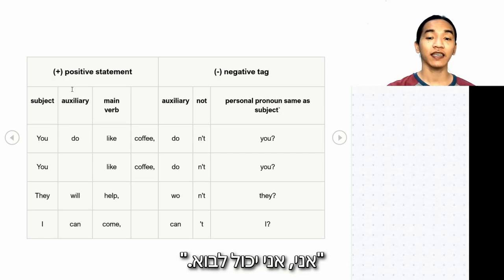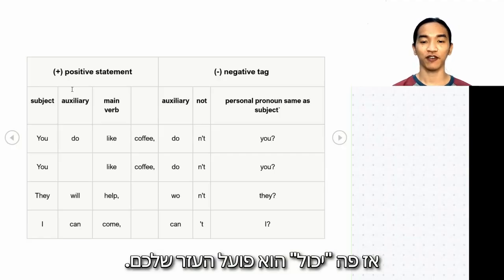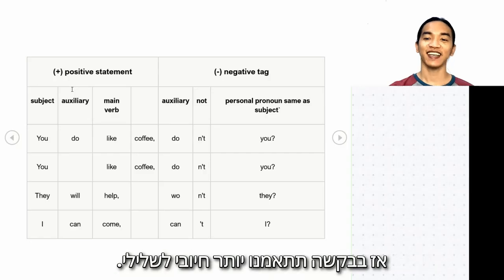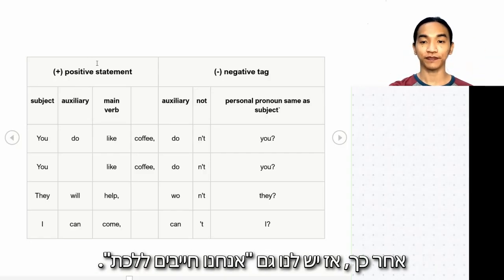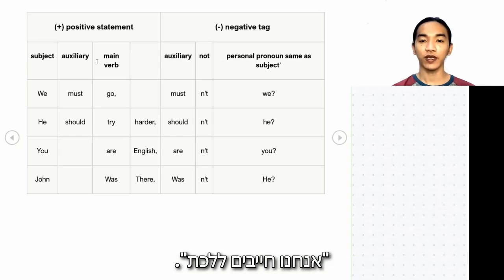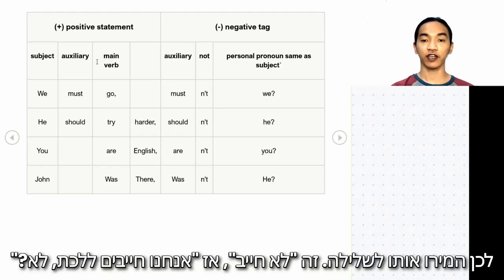All right? Next one, I can come. Okay, can't I? All right, so here, can is your auxiliary verb. Make it negative, it becomes can't. Can't I? Okay, so please practice more positive to negative. Okay, next. So we also have we must go. In this case, your auxiliary verb is must, therefore convert it to negative, it's mustn't.